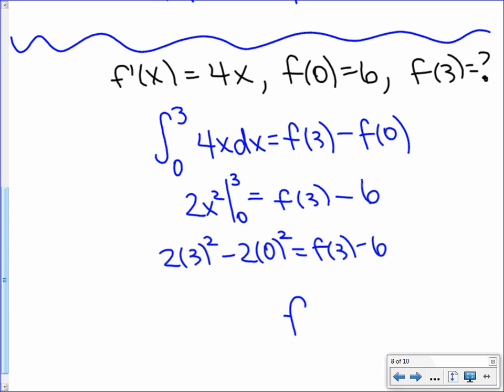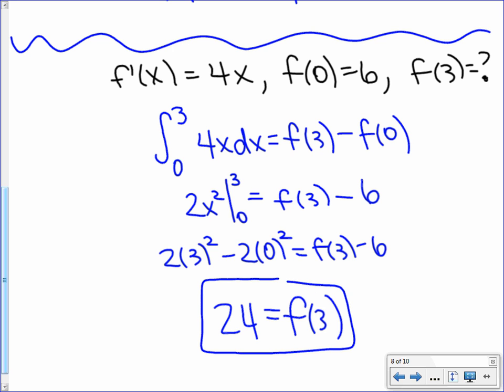So we take 2 times 9, and then we add 6. Why we have to know this is if we come to something where we can't integrate it by hand and we have to use our calculator, then we have to be able to do this.